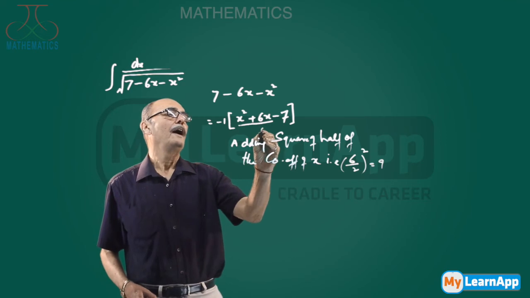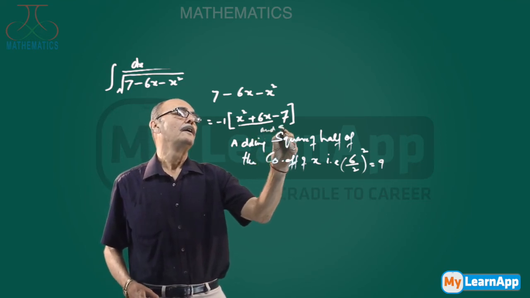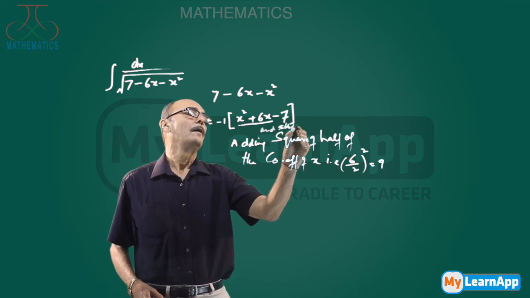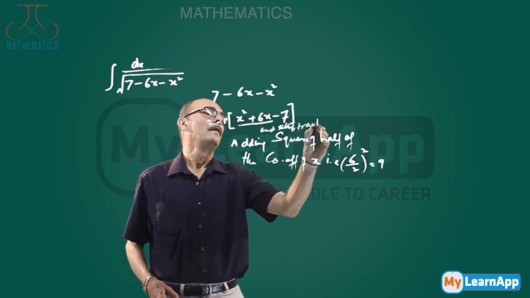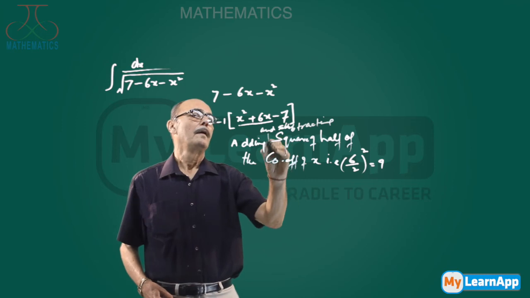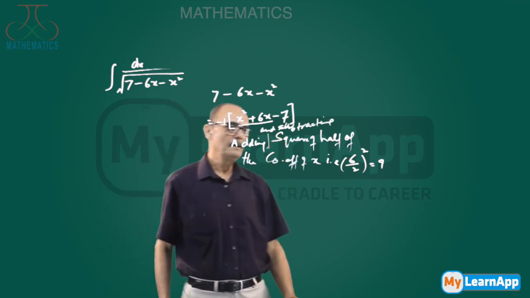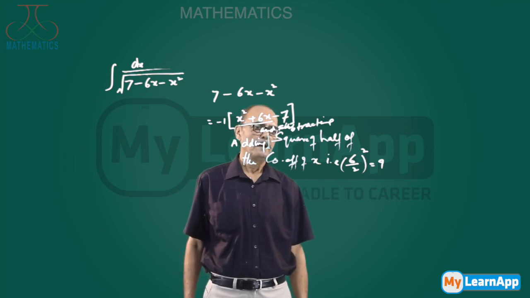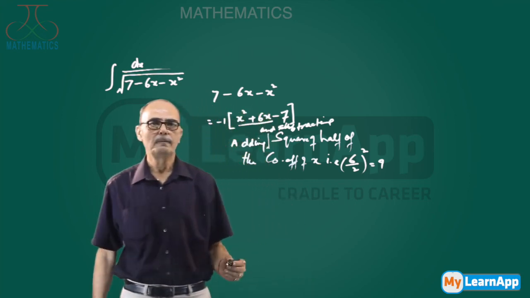Adding and subtracting the square of half of the coefficient of x, that is 9.